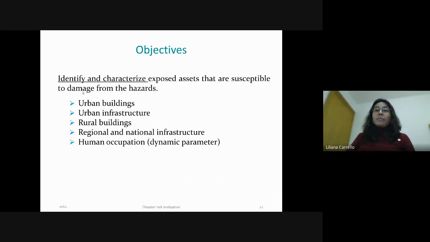Also, the exposed elements can be human occupation, which is a dynamic parameter, because it's not the same if we have a hazardous event at midnight or at midday.